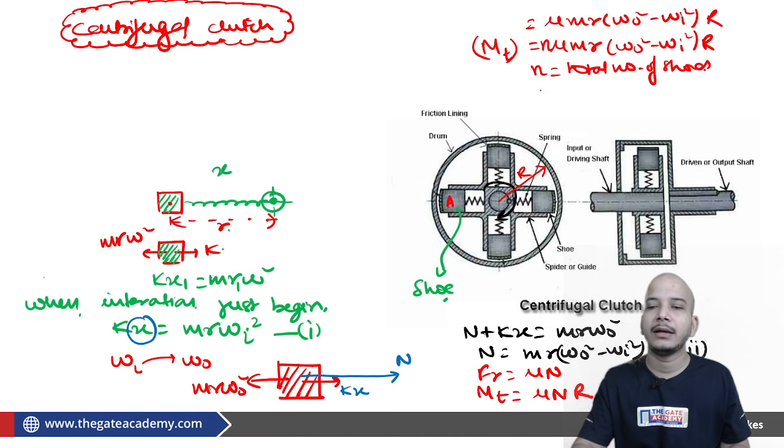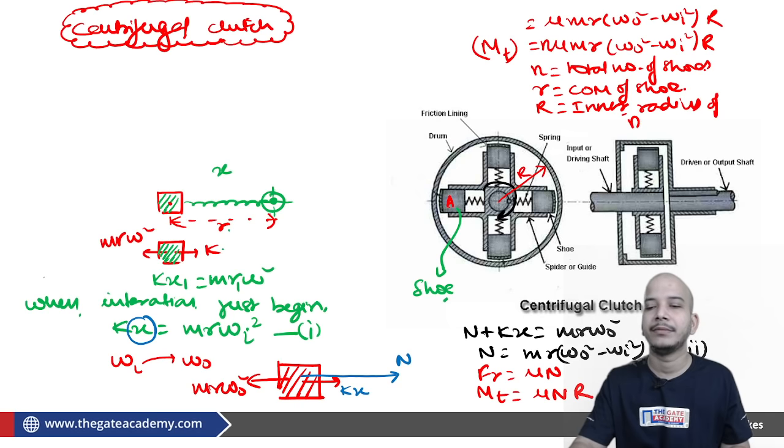Okay, you just have to understand what is r. Small r is the position of center of mass of the shoe. As far as capital R is concerned, it is the inner radius of the drum.